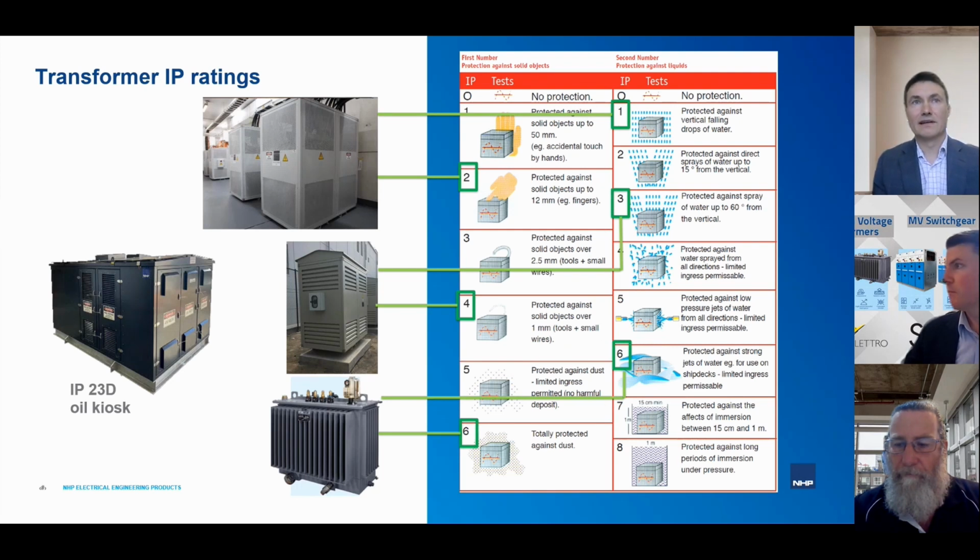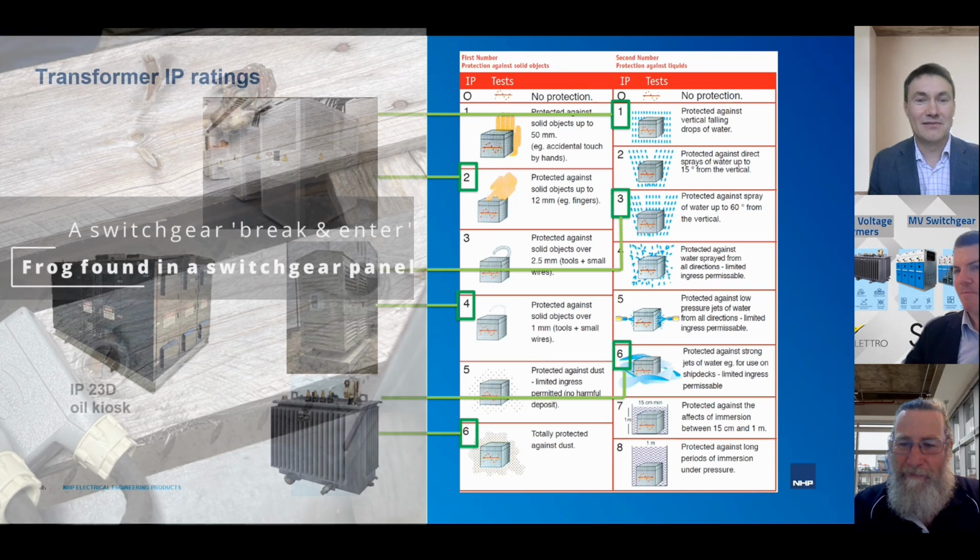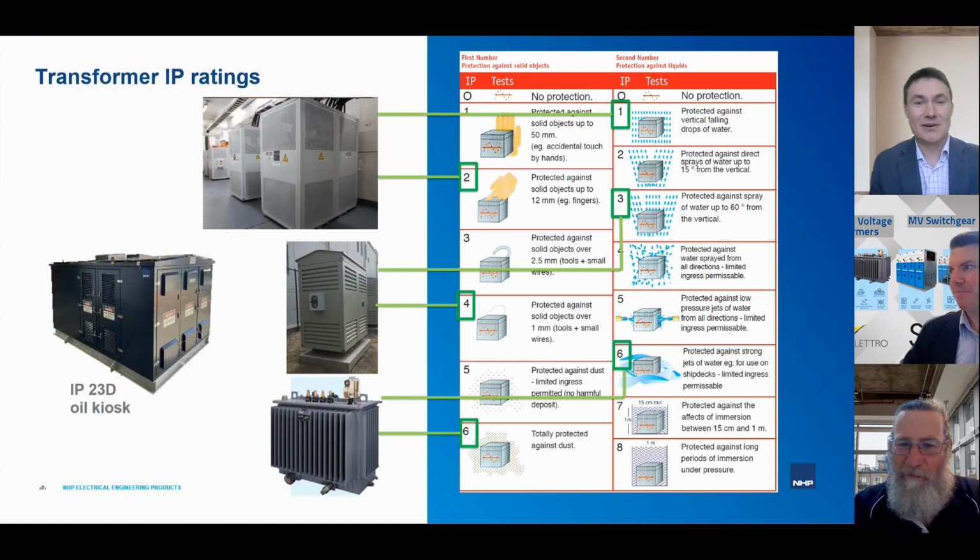Because the cast resin transformer relies on a combination of cast resin insulation and the air gaps between the coils to deliver all the dielectric ratings, we don't want any large vermin to get inside the enclosure, whether it's small animals, snakes, or maybe frogs. There's lots of wildlife in Australia all over the place, so we don't want them to live or crawl inside our cast resin transformer enclosures.